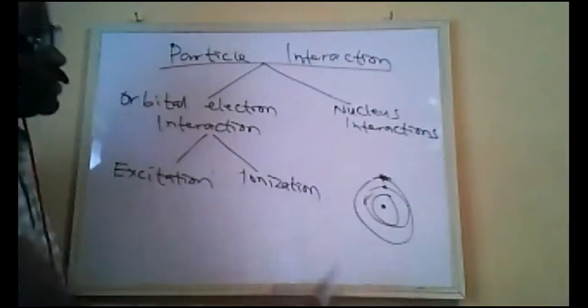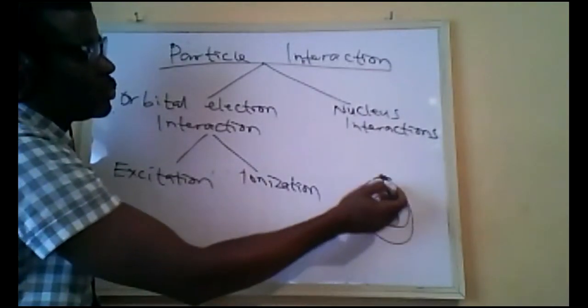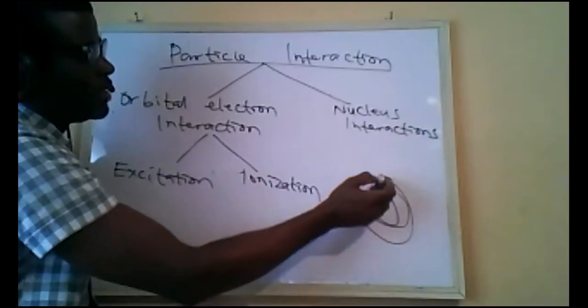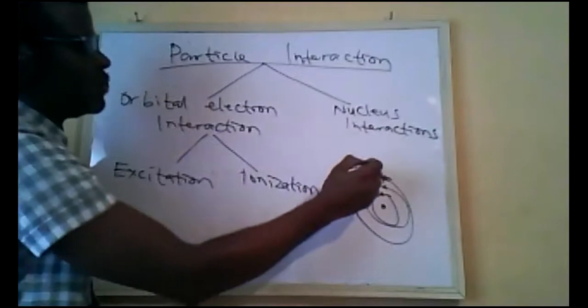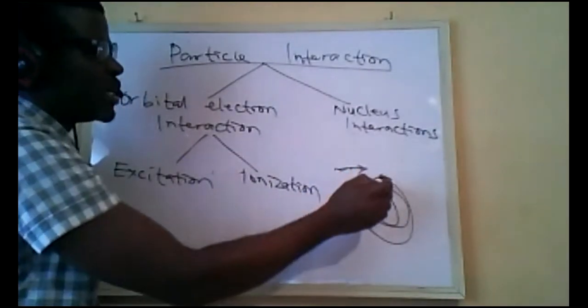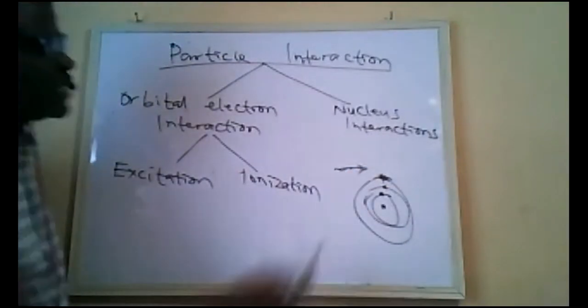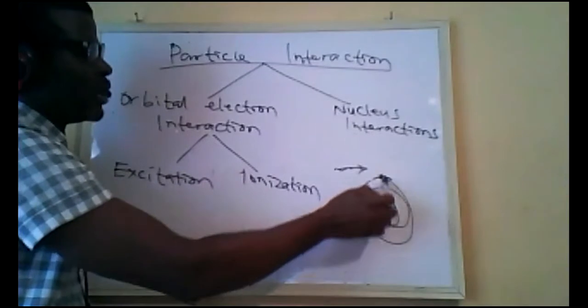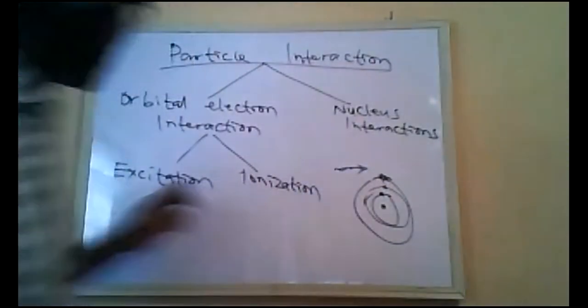If the energy difference is much more, it can jump from here. If the energy difference for that incoming particle is the same as the energy difference between here and here, it will just move straight down to here. From quantum mechanics, if the energy is not anywhere close to this, no matter the amount of energy this receives, nothing is going to happen. That's for excitation.